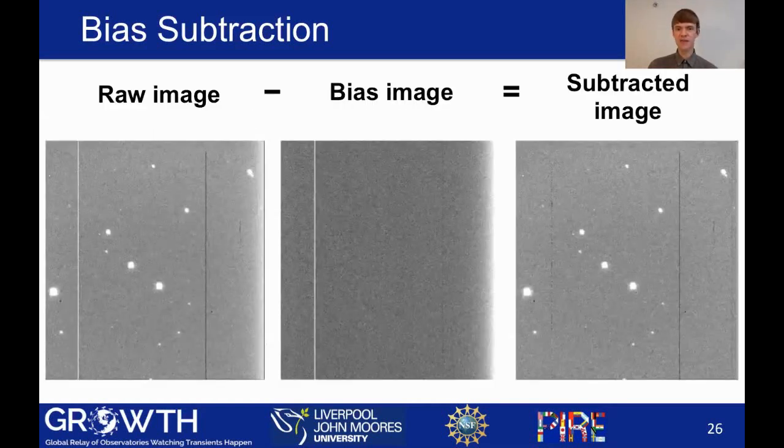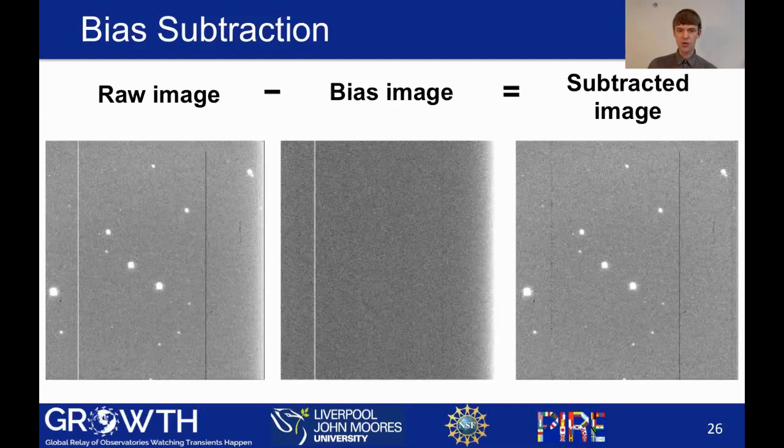To visualize the basic method, this is shown here in a case where the actual amount of bias does vary from pixel to pixel in the image. So at left, we have a raw image that is read off by a particular detector, which contains both the night sky, the astronomical sources, but also the bias signal. In the center here, I show an example of a bias image, a 0-second exposure taken under totally dark conditions, which, as you can see, does contain some signal.